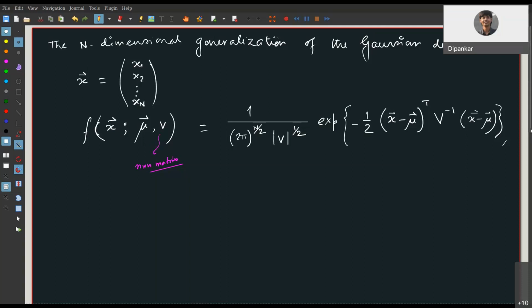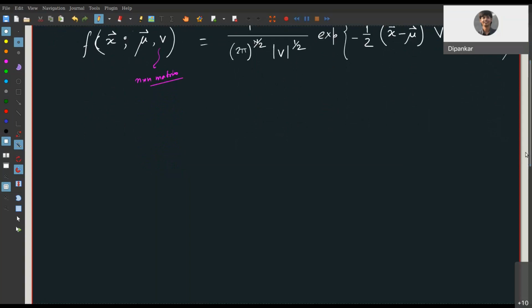Now if you calculate the respective expectation values and variances, then you will see that the expectation value for the ith random variable, the expectation value of xi, equals mu i, and the variance of xi will be Vii.